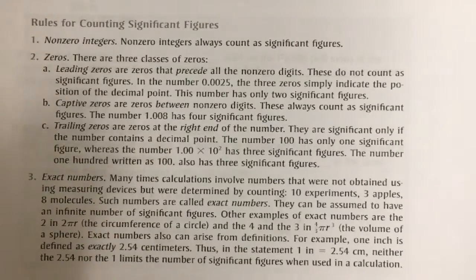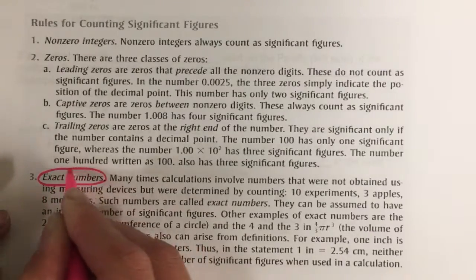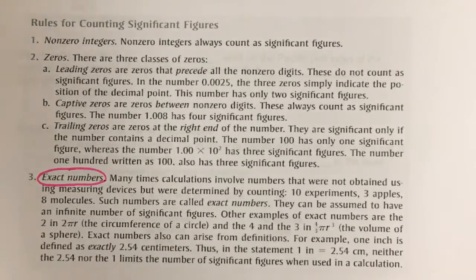Now, the important thing from this little box to remember: exact numbers do not have significant figures. So for example, if I say I have 32 students in a class, it's exactly 32. I don't have 0.5 of a student somewhere. I have exactly 32. So I don't just have two significant figures in that measurement.